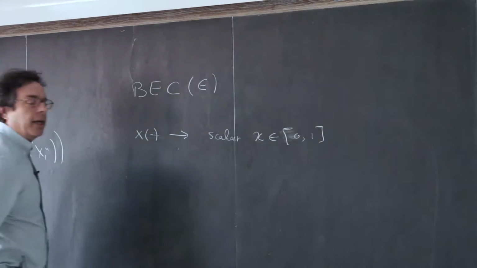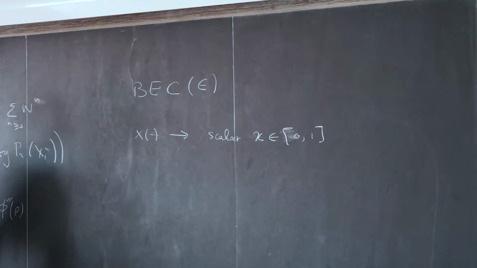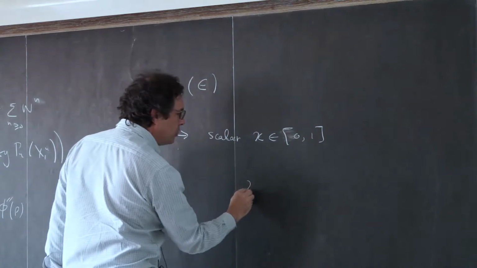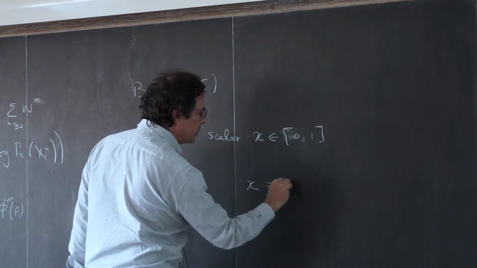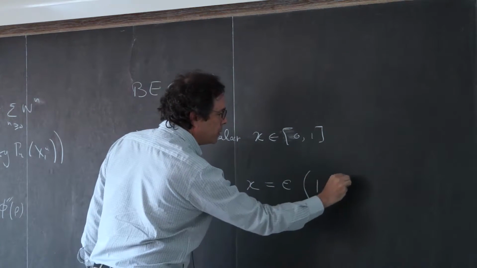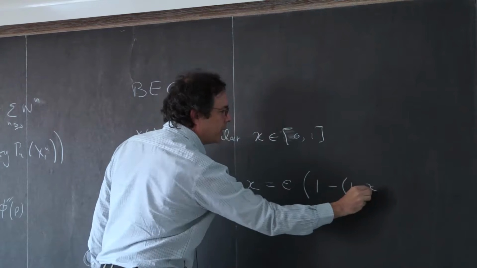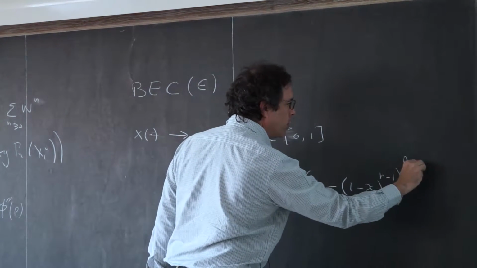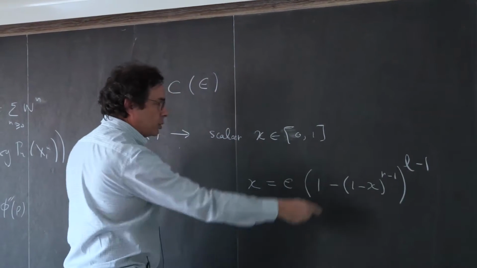It's the erasure probability that you have in the density evolution for the BEC. And the equation is simply a scalar equation: x equals epsilon times (1 minus (1 minus x) to the power r minus 1) to the power l minus 1.